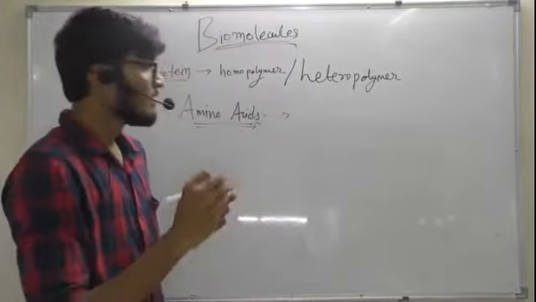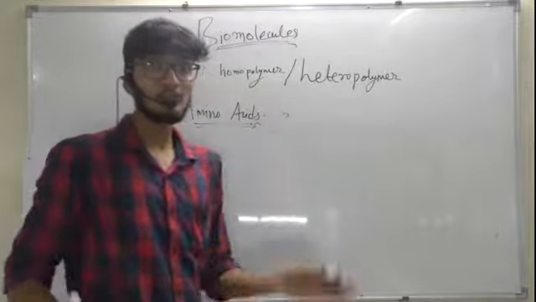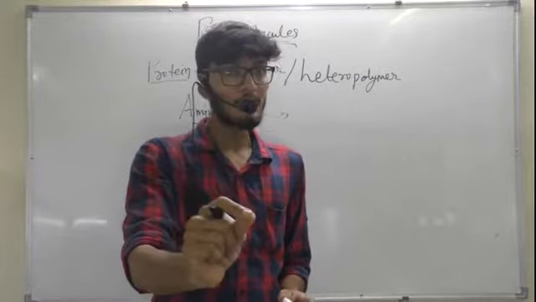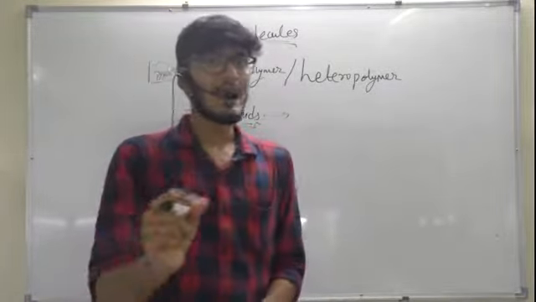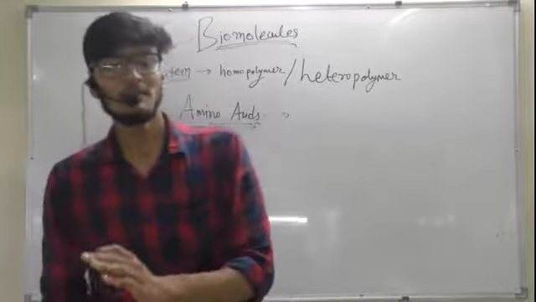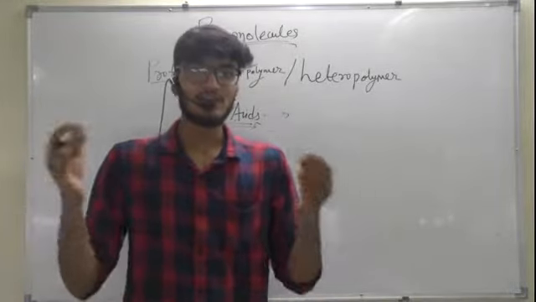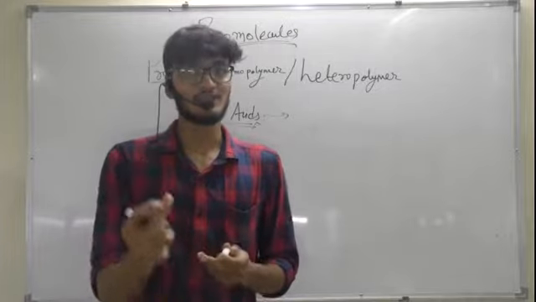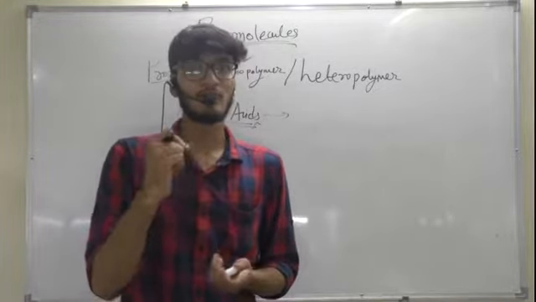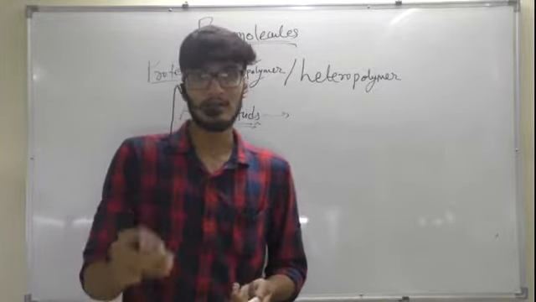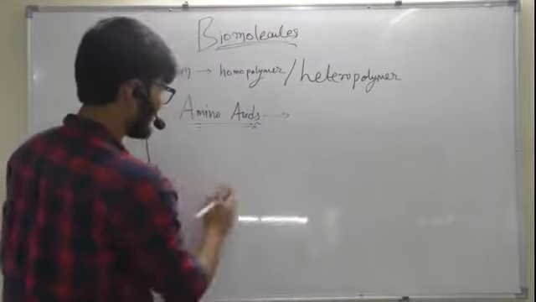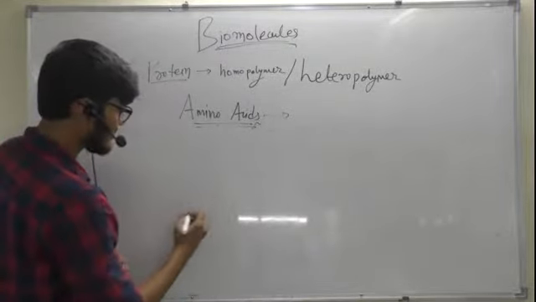So when two amino acids have to be combined, the amino group of one amino acid and the carboxyl group of the other amino acid react with each other, releasing a water molecule. Suppose this is one amino acid, glycine.